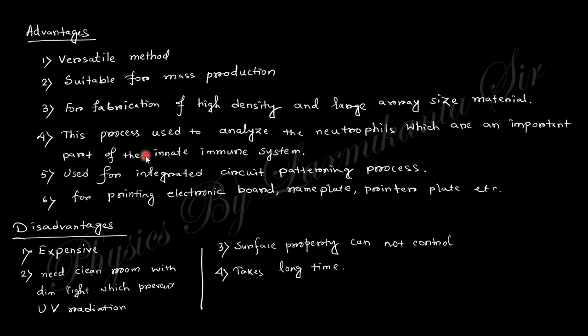This process is used to analyze neutrophils, which are an important part of the immune system, and for integrated circuits this is very useful, and for printing electronic boards also. The disadvantages are that it is expensive and needs a clean room with dim light, which prevents UV radiation, and the surface property control takes a long time. So these are the advantages and disadvantages of photolithography.